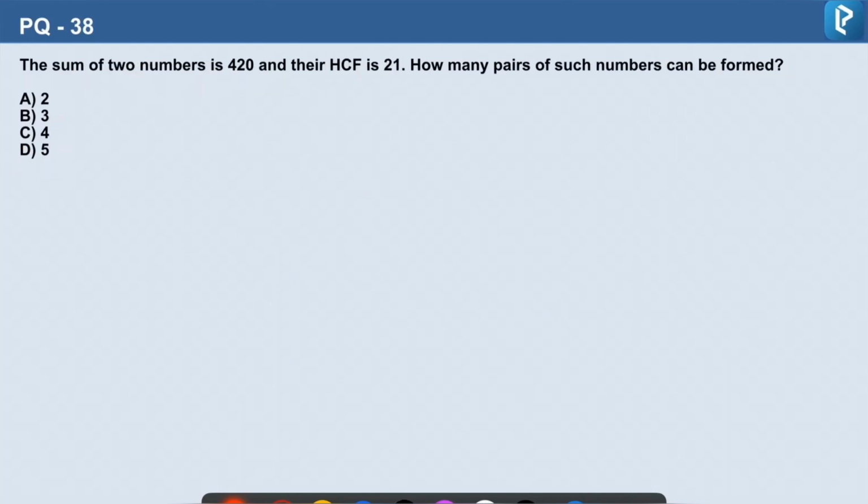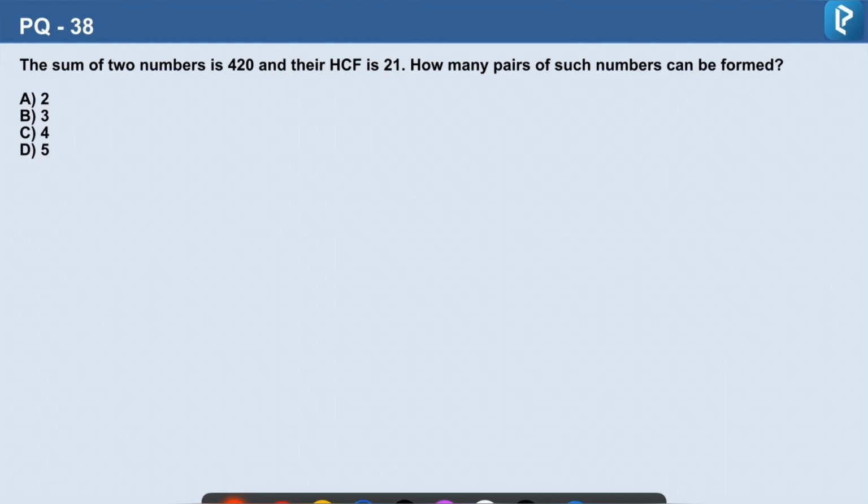Question number 38. The sum of two numbers is 420. Their HCF is 21. How many pairs of such numbers can be formed? The sum of two numbers is 420 and their HCF is 21.